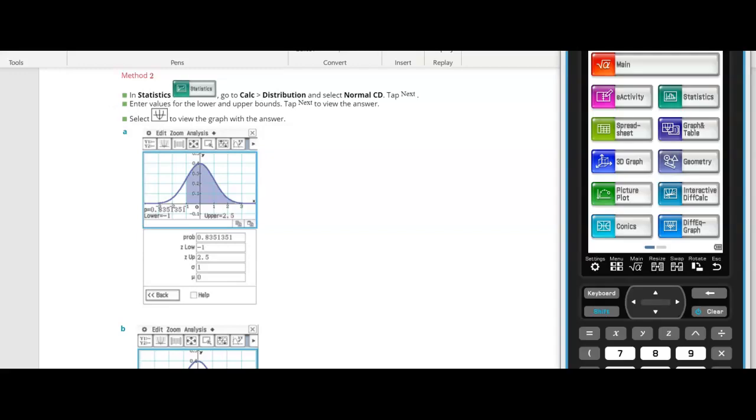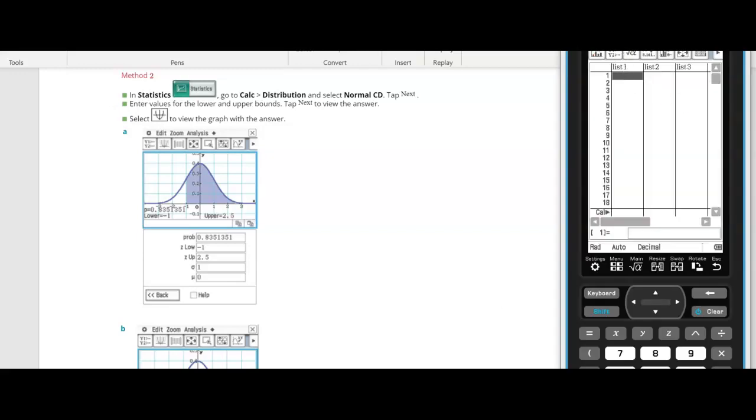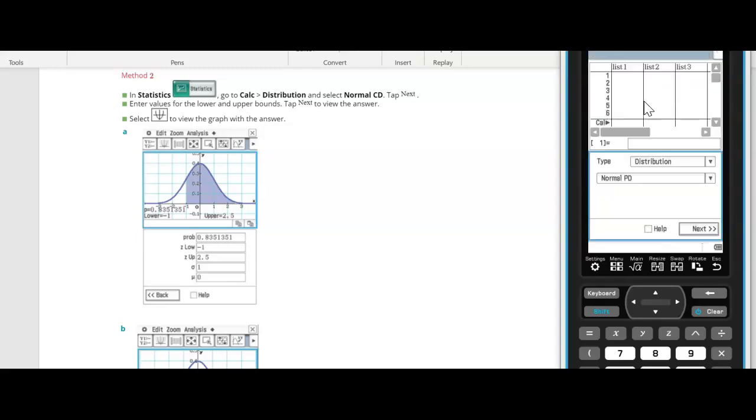Get the notes back up. All right, so Statistics, Calc, Distribution, Normal CD. Okay, tap Next. And your lower bound for this one was -1, upper bound is 2.5, and you can see that on the screen.